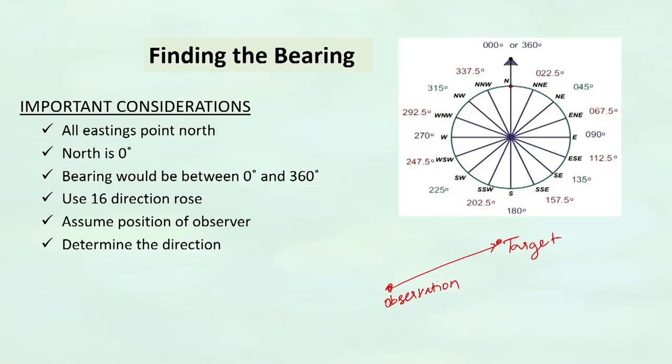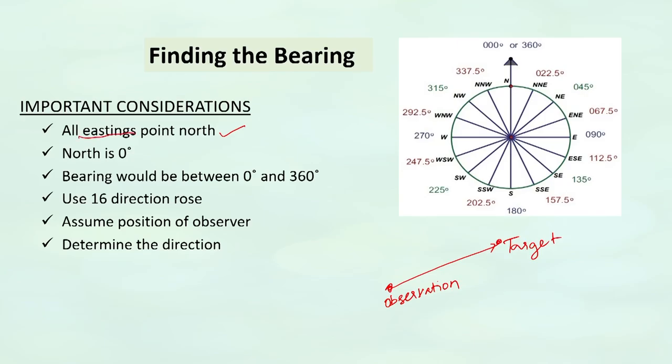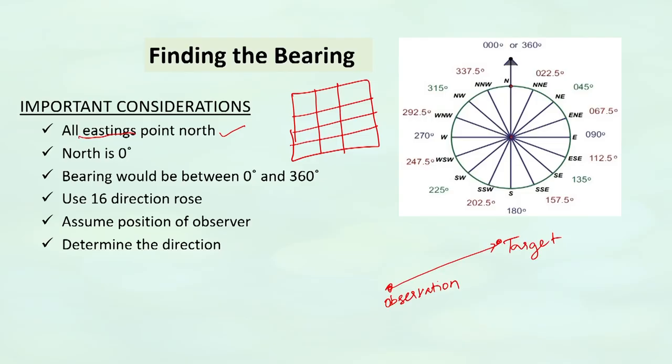While measuring, you need to consider some important things. Eastings point north, this you want to understand, but these are all schooling concepts. I would like to remind you again. What do we mean by easting? Parallel to longitudes. In a topographic sheet, there will be grids like this, for better location of point features, line features and polygon features, right.